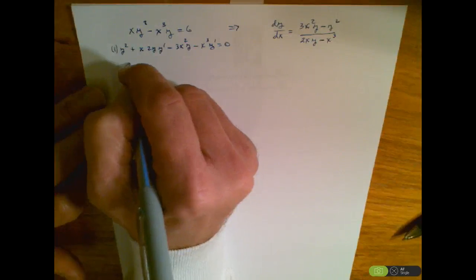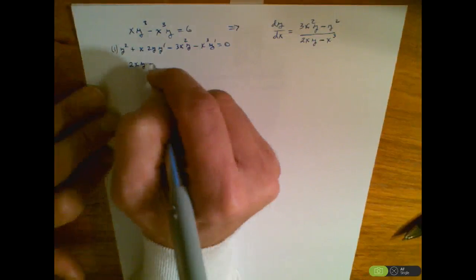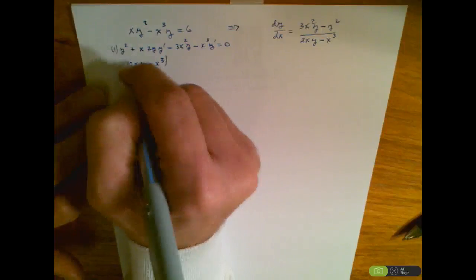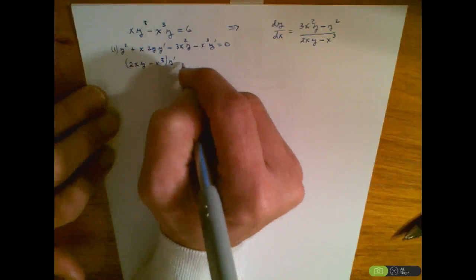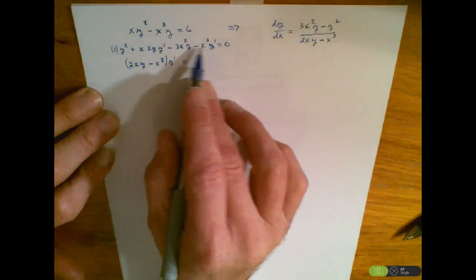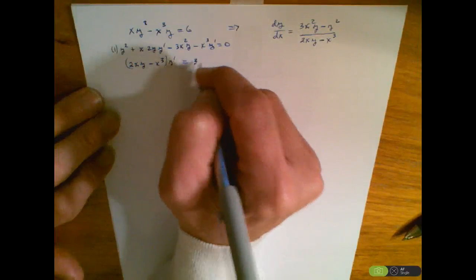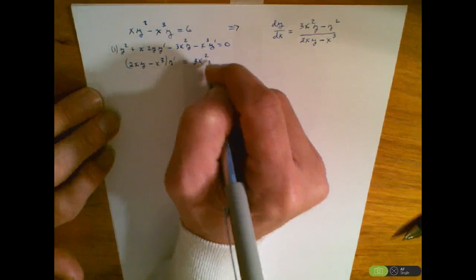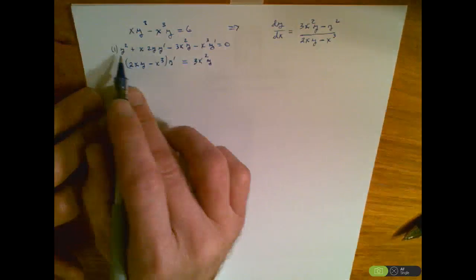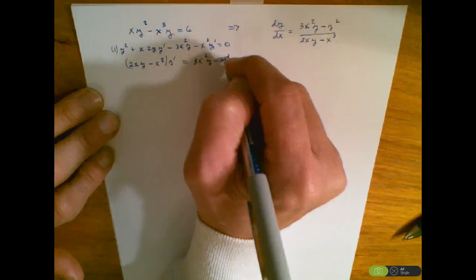So we'll have 2xy minus x cubed times y prime, and then that will be equal to, we notice we have a negative 3x squared y, so we'll bring that to the right side, and that'll be a positive 3x squared y. And then we have a positive y squared, and that will become a minus y squared.